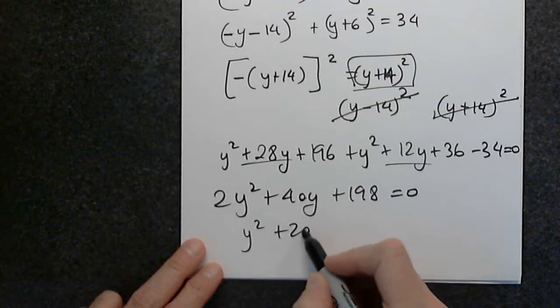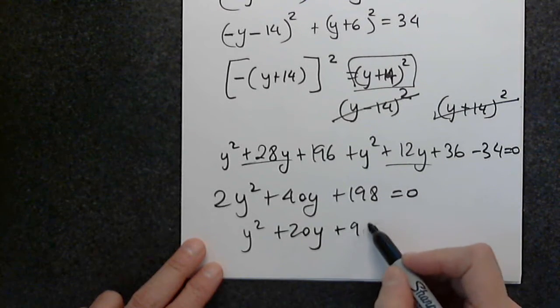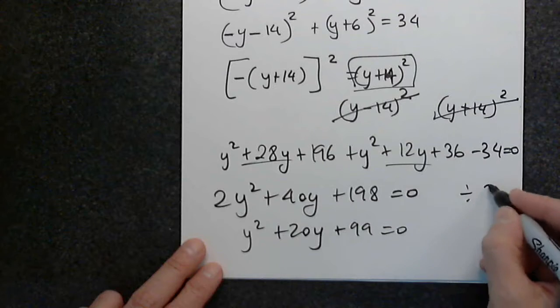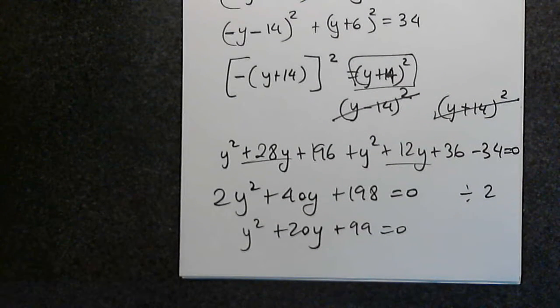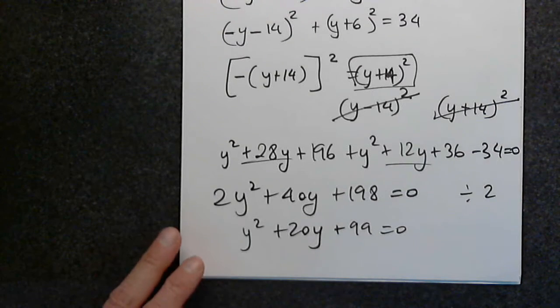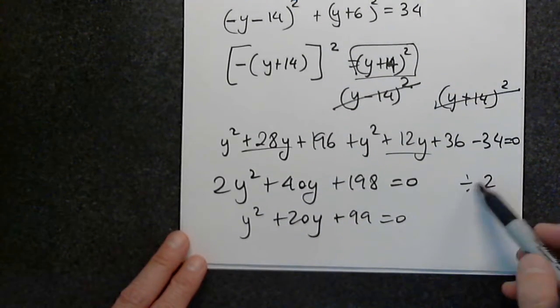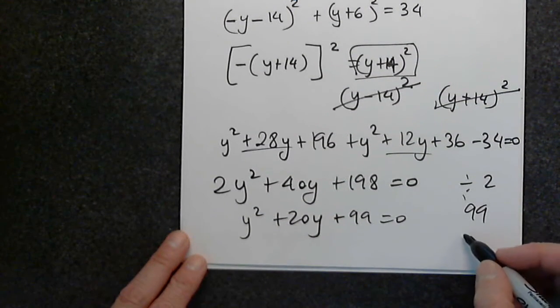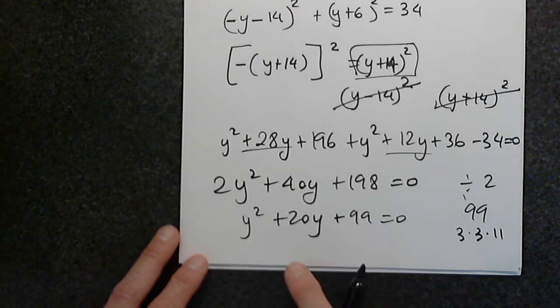So y squared plus 20y plus 99. So what is 99? It's only 3 times 3 times 11.